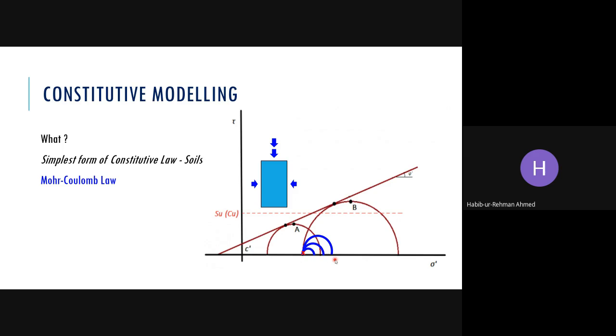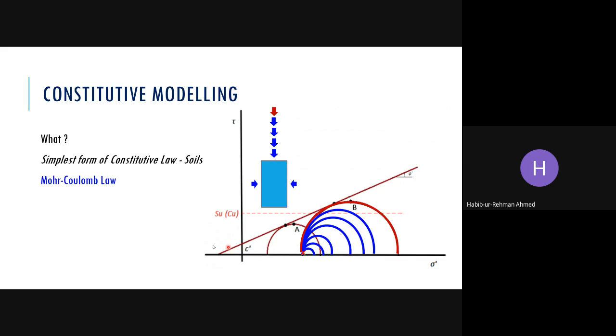As I apply more force, or pressure, or stress on it, you can see the circle has come to here. So it is coming close to the failure line. If I apply more pressure, finally you will have the failure of the material. So this is the concept of the Mohr-Coulomb law.